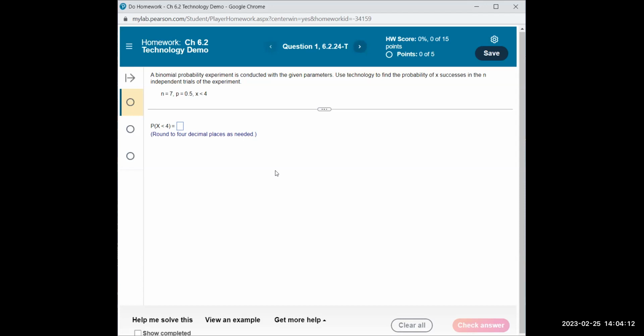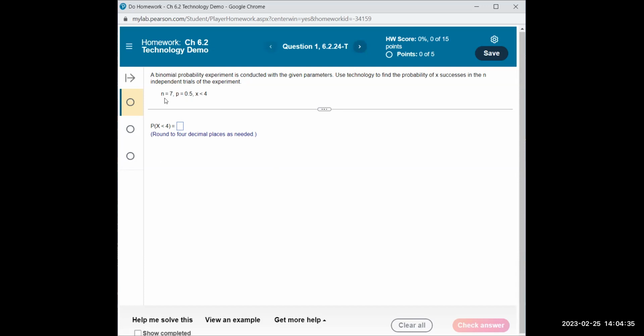If I'm counting the tails, then tails is considered a success, and landing on heads would be the failure. But if I was counting the times it landed on heads, then heads would be the success and tails would be the failure. So the number of successes is the number of times you had the outcome that was desired, that you were counting.